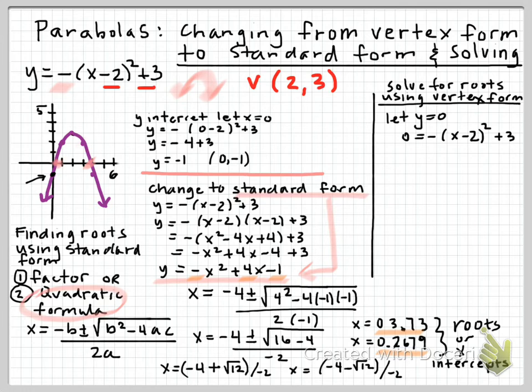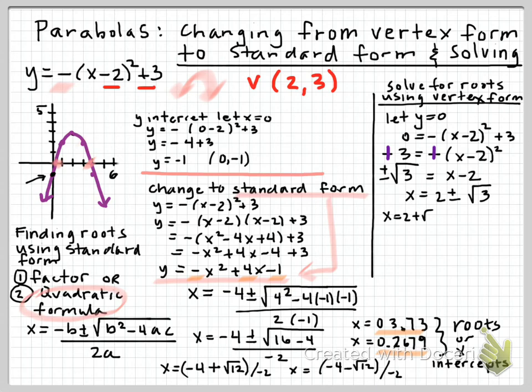And so we're going to go ahead and simplify in this case. First I'm going to move the 3 over to the other side. Then I'm going to multiply both sides by -1, making those both positive, and I'm about to take the square root. When I do, I have a plus or minus square root of 3, and then I'm going to move the 2 over to the other side. And so I have two roots, 2 plus square root of 3 and 2 minus square root of 3.